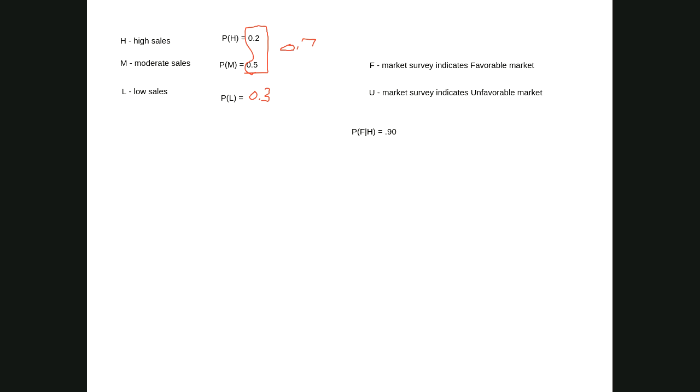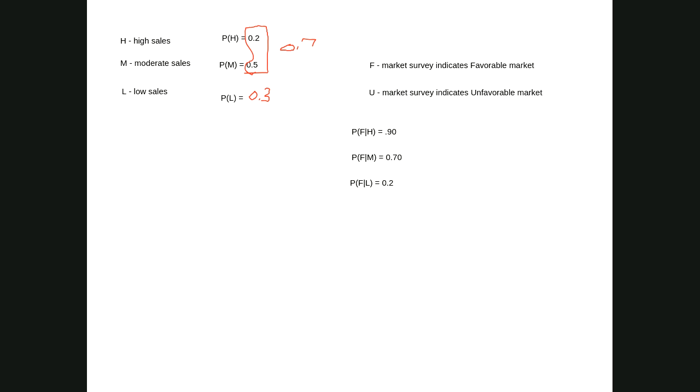The probability of a favorable report given moderate sales was 0.70. The probability of a favorable report given low sales was only 0.2.